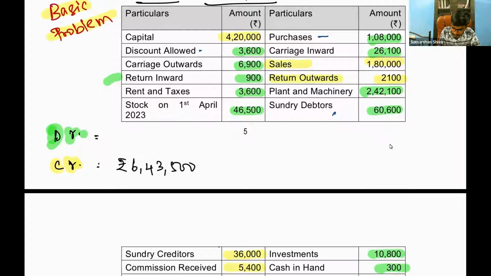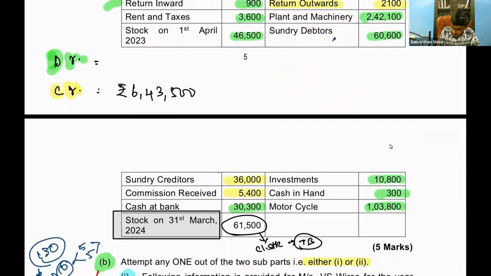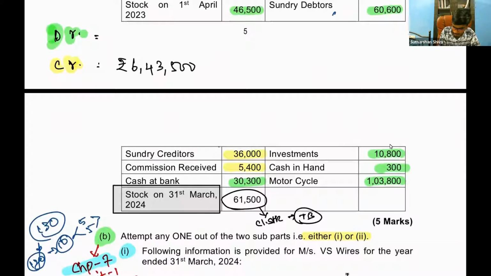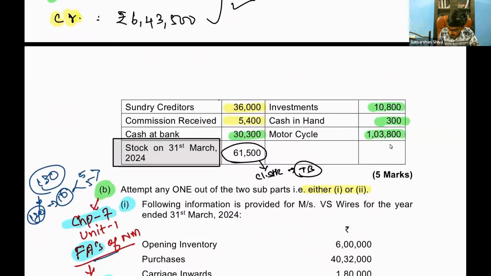On the debit side, 3,600 plus 6,900 plus 900 plus 3,600 plus 46,500 plus 1,08,000 plus 26,100 plus 2,42,100 plus 60,600 plus 30,300 plus 10,800 plus 300 plus 1,03,800. It will become the same 6,43,500. Both are getting tallied.